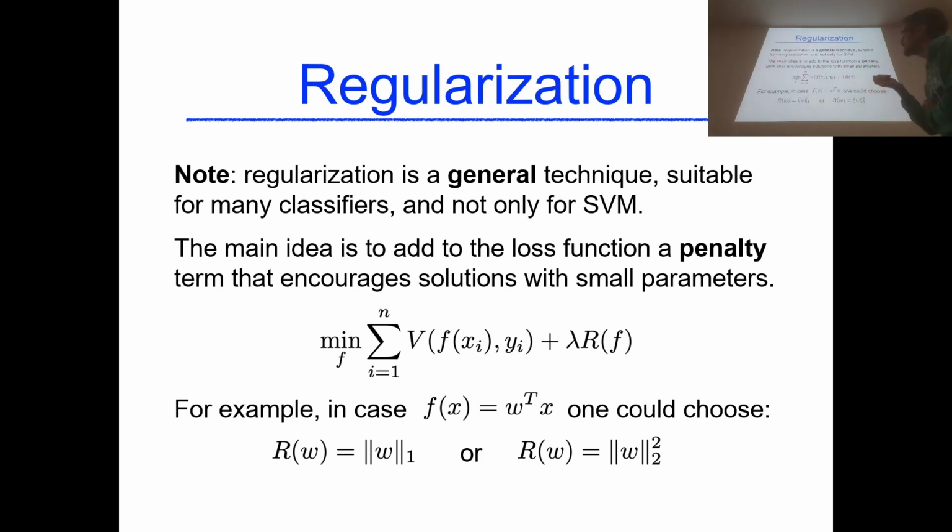So the parameters that you are trying to learn should be small. For instance, an abstract example: if we want to encourage small parameters, one simple regularization term could be taking the norm of our weights, the beta coefficients, or the quadratic norm. It is just a way to encourage small parameters.